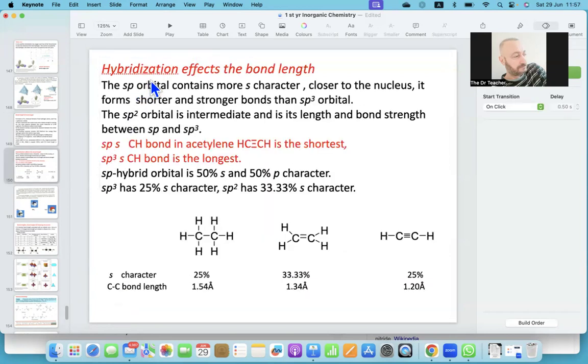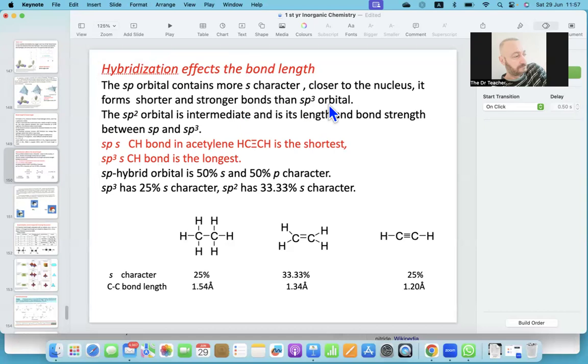Hybridization affects the bond length. How can hybridization affect the bond length? The sp orbital contains more s character, closer to the nucleus, so it forms shorter and stronger bonds than sp3.